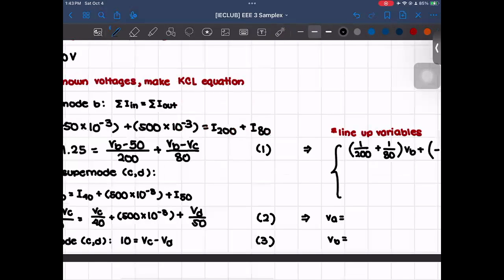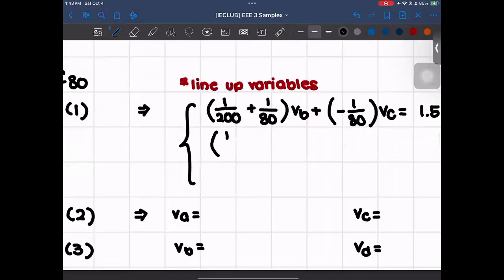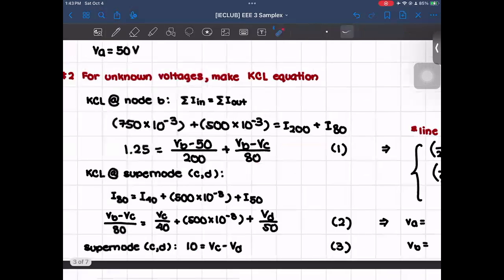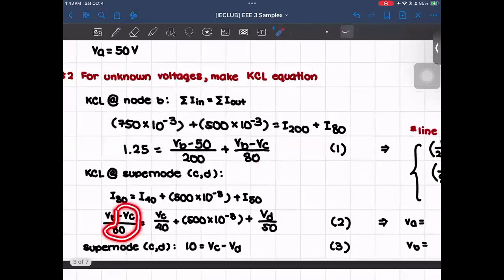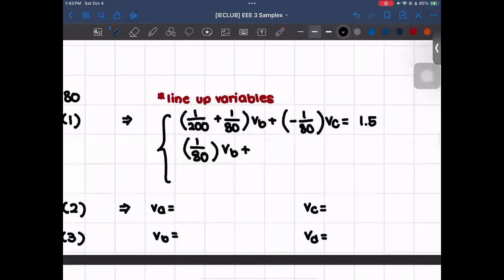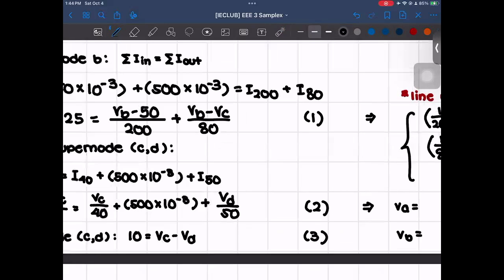So that will be 1 over 80 is equal to 1 over 80 times VB plus our VC, for this is going to be negative VC over 80 and VC over 40. So if we just move it to one side, that will just be equal to negative 1 over 80 minus 1 over 40 times VC plus, then our VD is just gonna be this one.